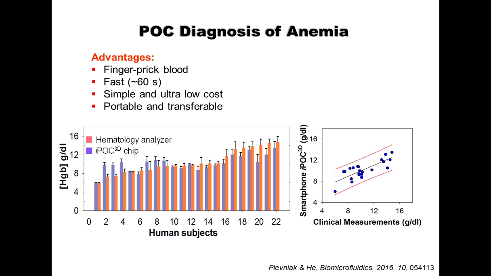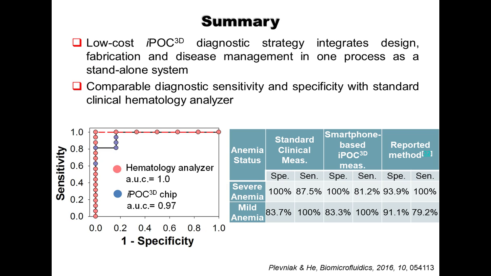And we also compared our device that measures the hemoglobin concentration with the clinical measurements using the hematology analyzer. Through 22 human subjects, we can see the measurement is quite comparable, and the correlation with the clinical measurement is over 19%.